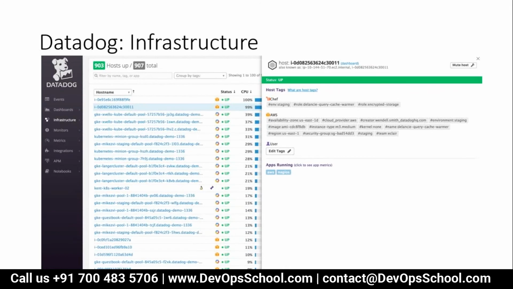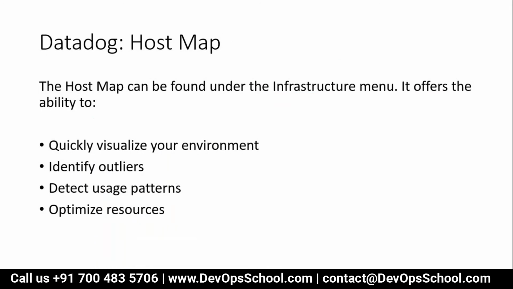In the infrastructure itself, you will get the host map. Host map basically helps you quickly visualize your environment, like where the issues are, which machine has issues. The host map can be created by region, by data center. You can group it on all the stuff like that, so you can easily find outliers, meaning those machines out of the group.